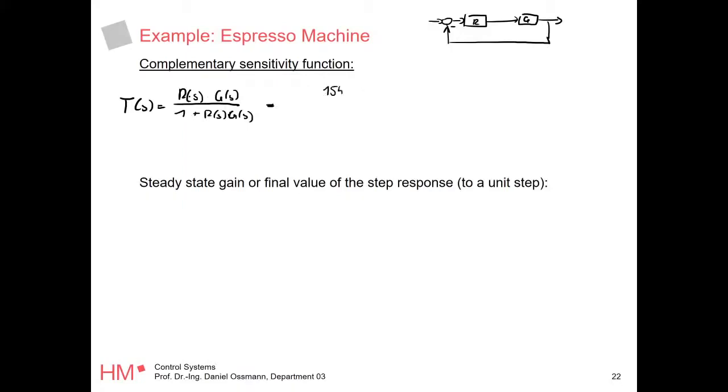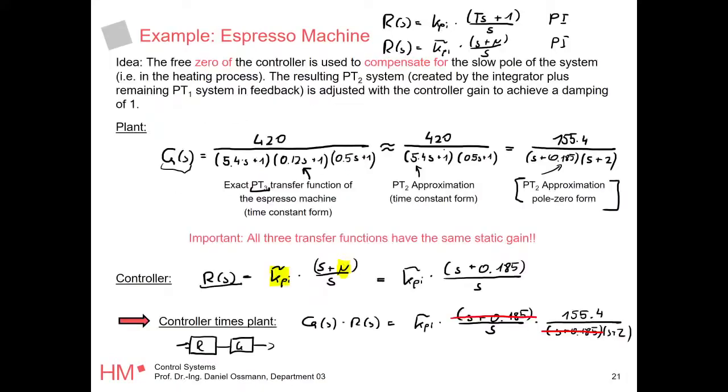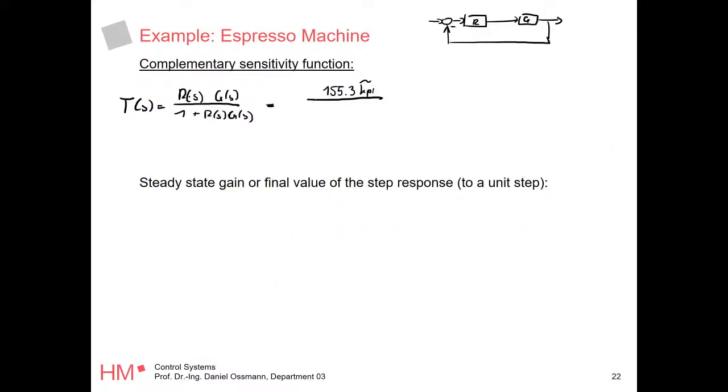We got 155.3 K_PI over, oh, I forgot the s. No, it's here. Okay, sorry. s times (s + 2), over 1 plus the whole thing again, 155.3 K_PI over s times (s + 2).